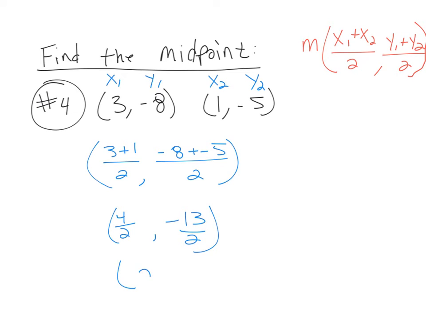And finally, simplifying this would give me 2 comma negative. I suppose if we do think of this as a decimal, it would be easier to visualize. So negative 6.5. That would be your answer for that problem. The main thing to remember is just plug in your x1, y1, x2, y2 accordingly, and perform the operation.